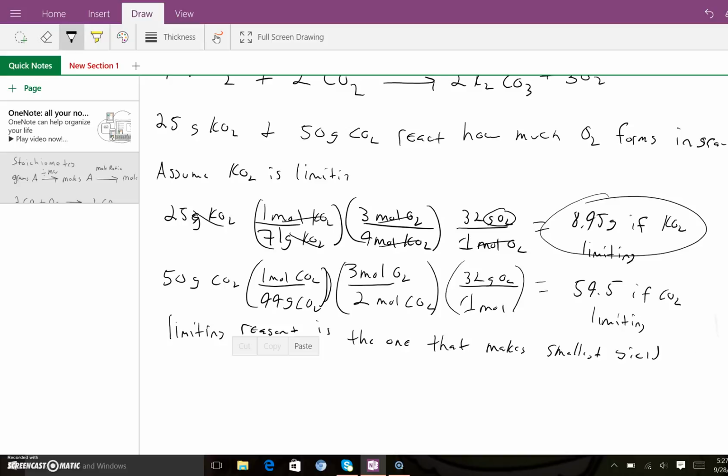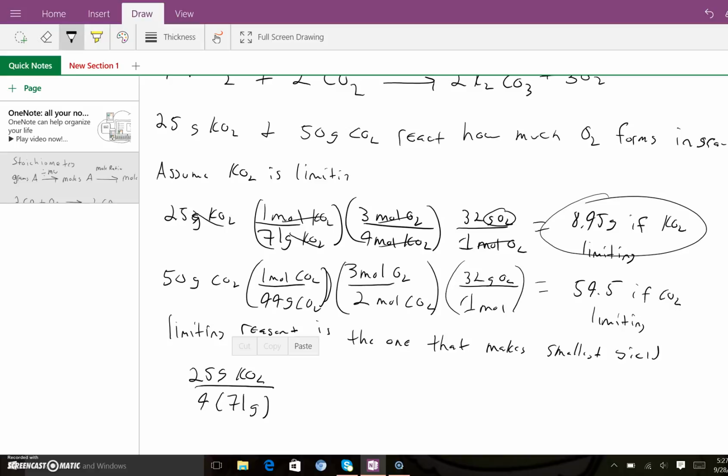Now for those of you that don't want to go through all the steps, here is a little trick. It's what you have over what the reaction calls for. So we have 25 grams KO2. The reaction calls for 4 times 71 grams. That's 4 times the molecular weight.